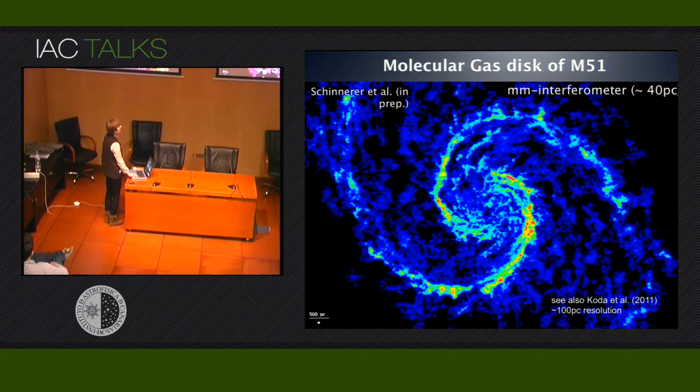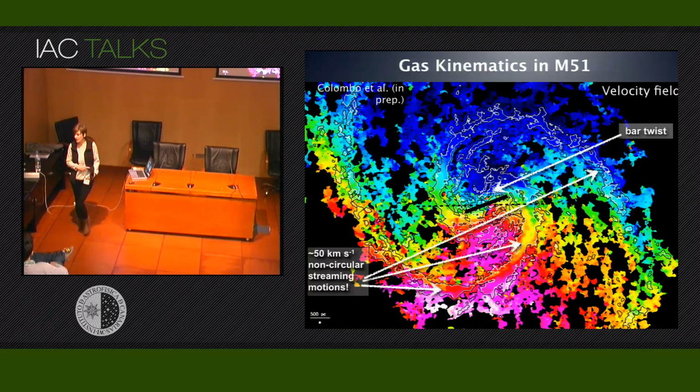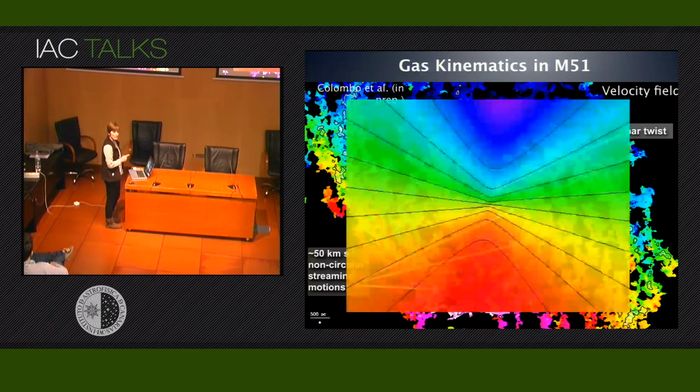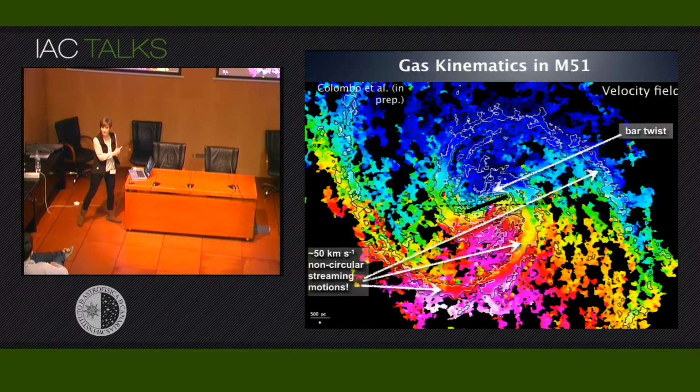Now, we also have a really nice map of the kinematics of the molecular gas in M51. So for reference, this is what the line of sight velocity field for a galaxy in perfect circular motion projected at the orientation of M51 would look like. And then, of course, this is the line of sight velocity that we observe. And you can see that there are large discrepancies from that perfect circular motion case.